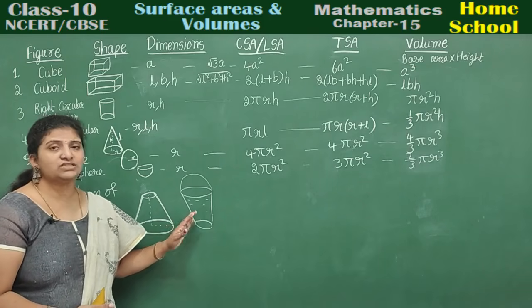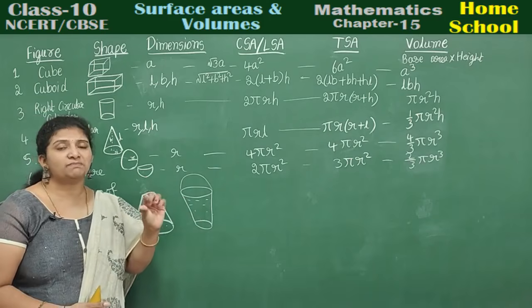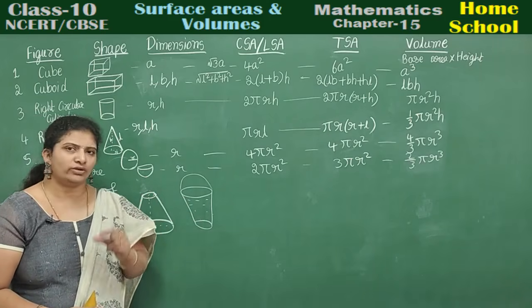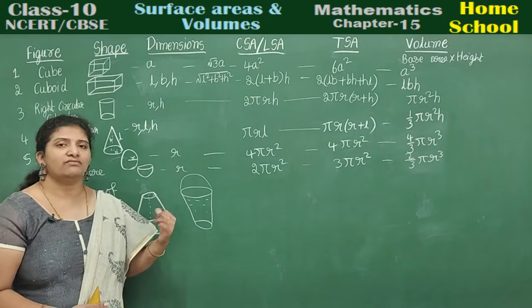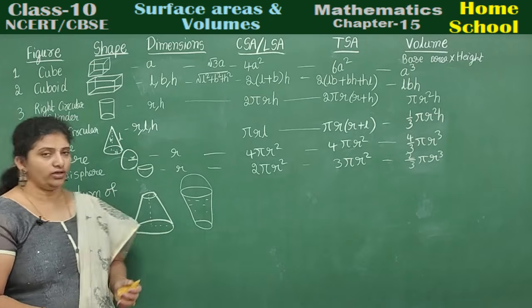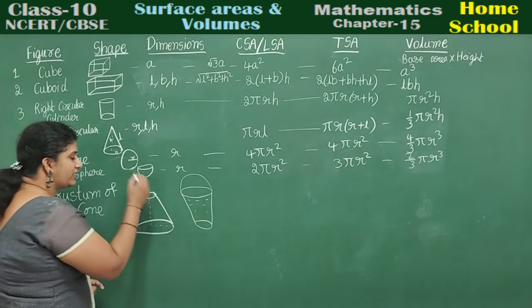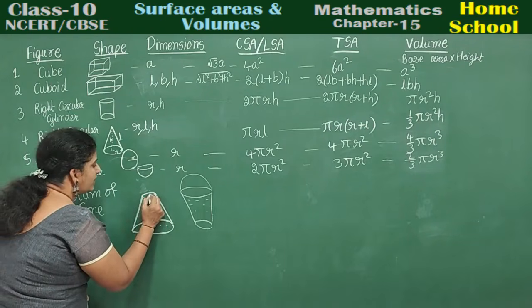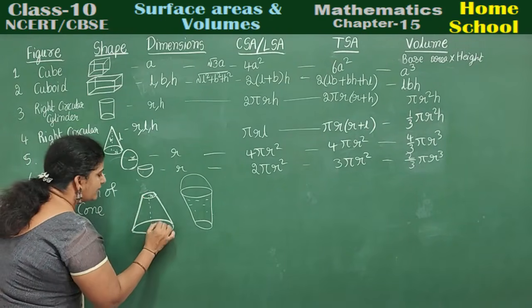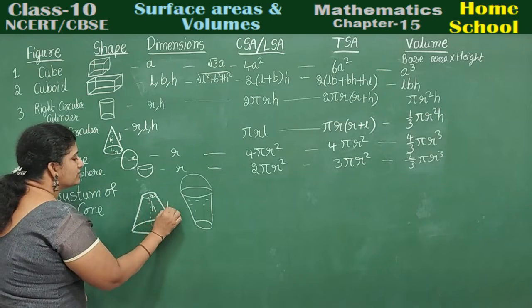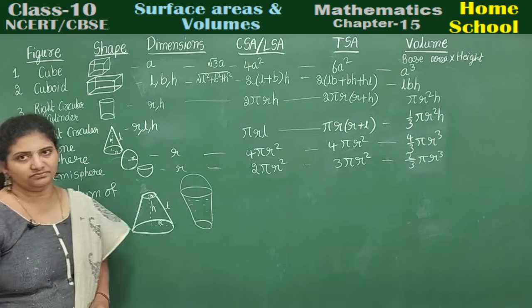How do we get a frustum of a cone? When the vertex part is cut out, when some part of a cone is cross-sectioned, then we get a frustum of a cone. It has two radii, not only one. For the small circle, let us take small r. For the big circle, capital R, height H, and also slant height L.